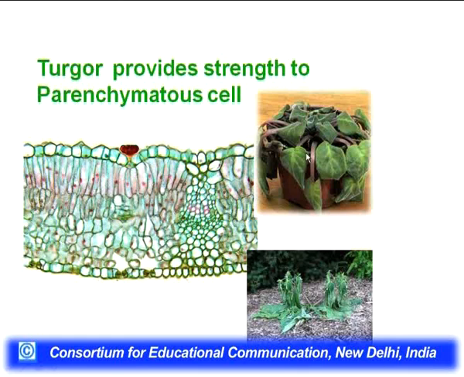The reason is that the strength by which they hold their leaves against gravity is completely lost when water is lost. So the main support of parenchymatous cells comes from turgor pressure. If water is taken out, they droop.